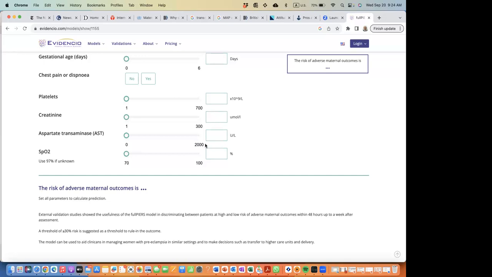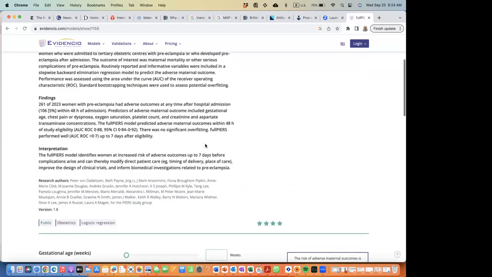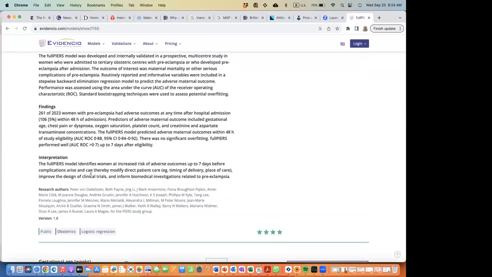And well, the risk prediction, if you read it in detail, is here in the interpretation. The fullPIERS model identifies women at increased risk of adverse outcome up to 7 days before complications arise, and can thereby modify direct patient care.